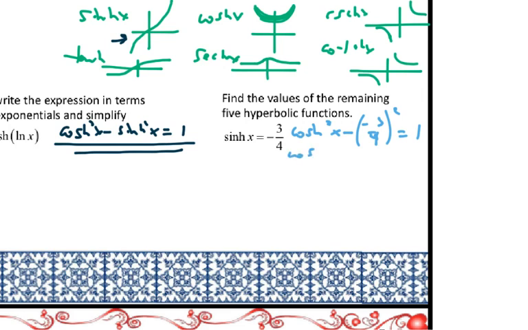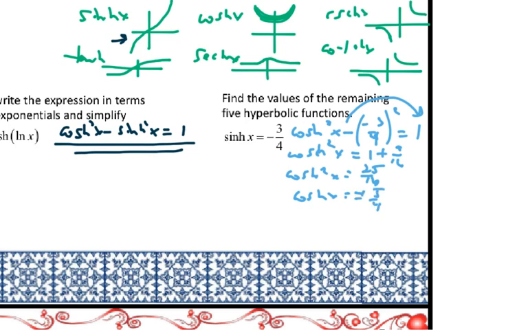So cosh squared equals 1 plus 9/16. So cosh squared is what, 25/16? Then I square root both sides, and I get that cosh is plus or minus 5/4.